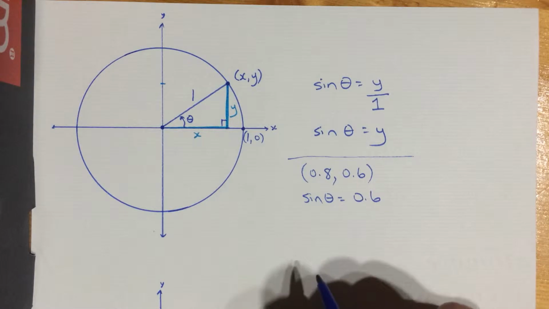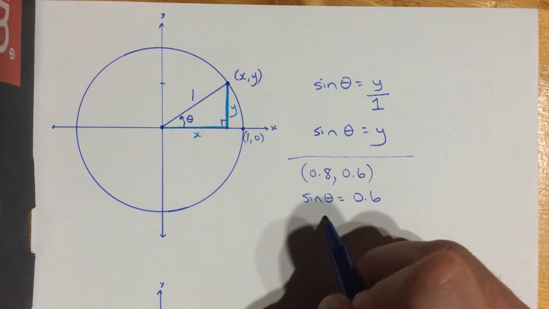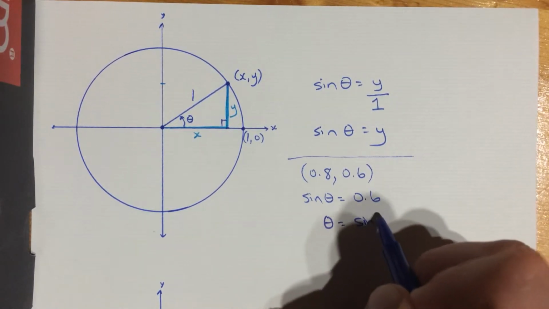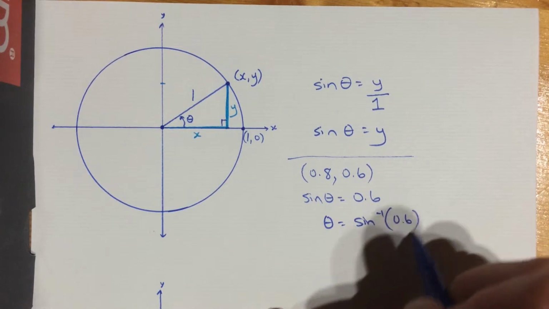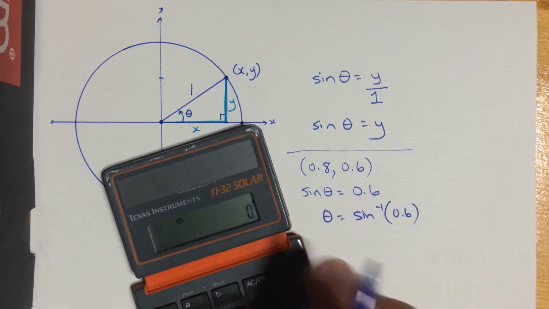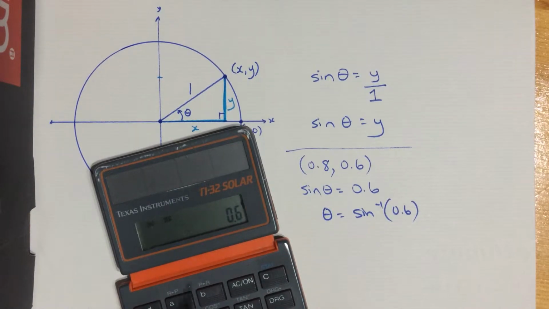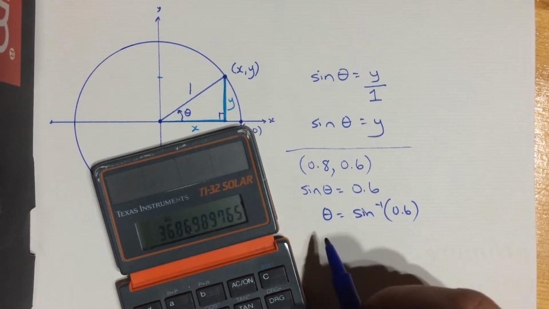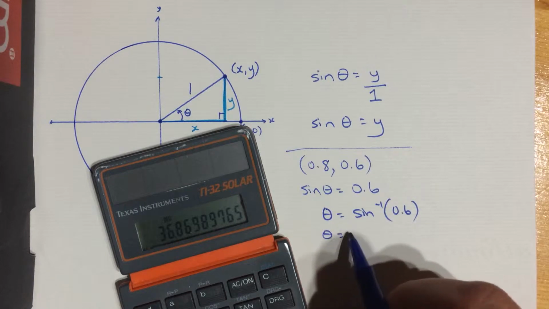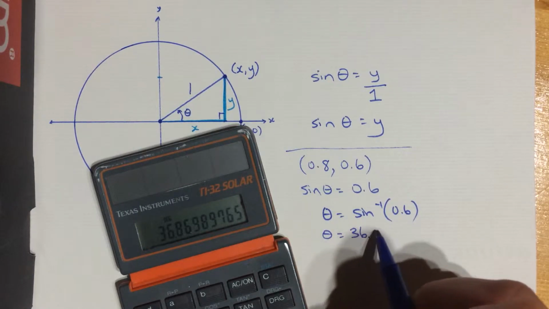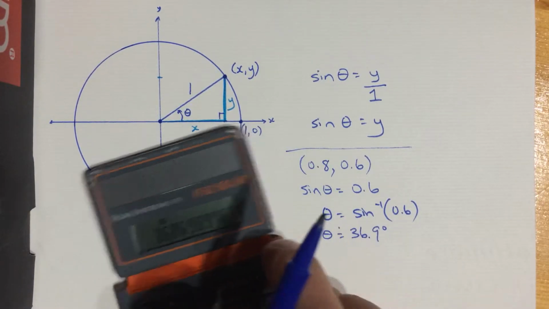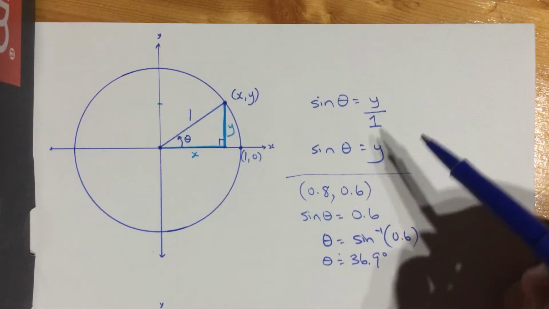That's it, 0.6. And so if you wanted to know what theta itself is, you would take sine inverse of that value here, and I grab my calculator of mathematics, 0.6, and then I choose my sine inverse function, and it tells me that that is about 36.9 degrees. Okay, that works pretty well so far.